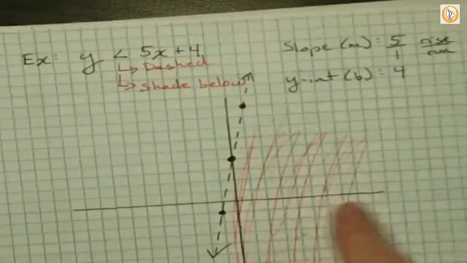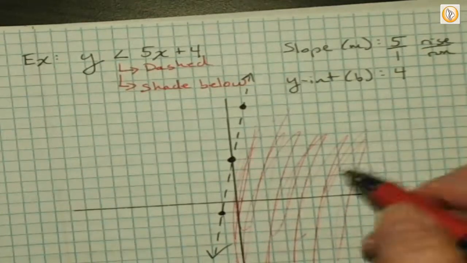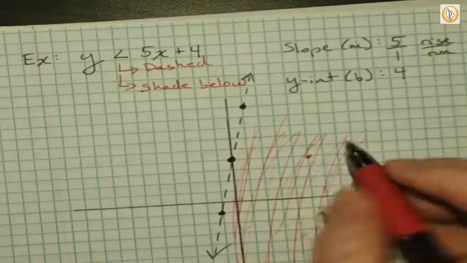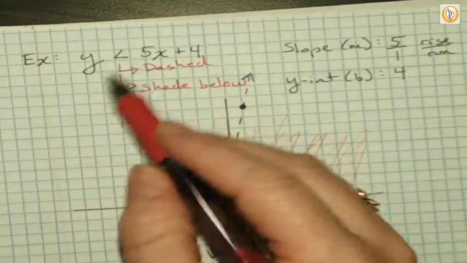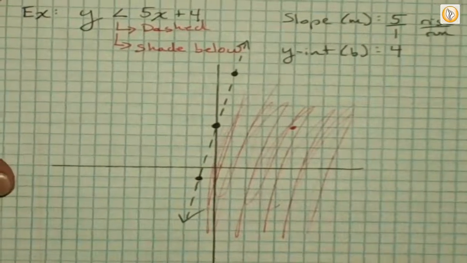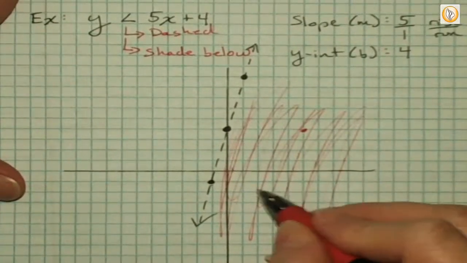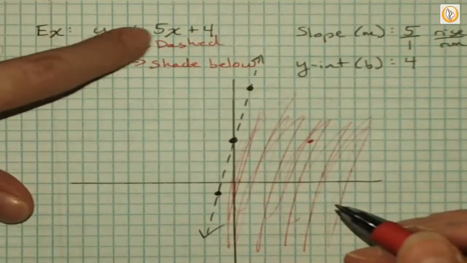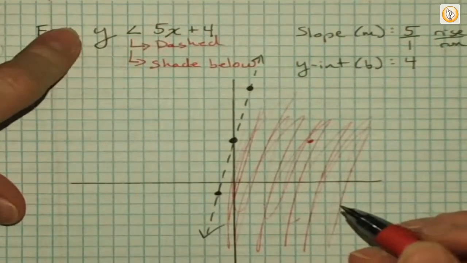Not just one, but I could pick a point anywhere in this shaded area. I could substitute the x and y in here and it would work. You can pick a point anywhere in this shaded area and substitute the x and the y and it would work.